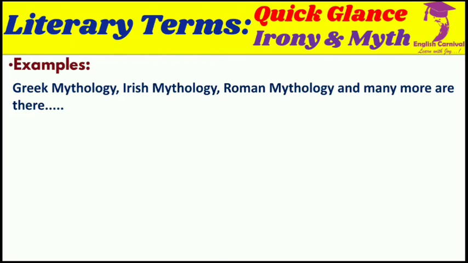Now friends, when we talk about the examples of myth, that time we have Greek mythology, Irish mythology, Roman mythology and many more such things. But as far as literature is concerned, or from a literary perspective, the way literary figures or writers of literature deal with all these kinds of myths in their particular piece of literature, that we are going to see with the help of 2 to 3 examples.